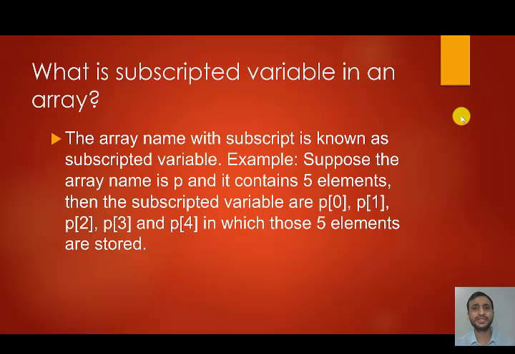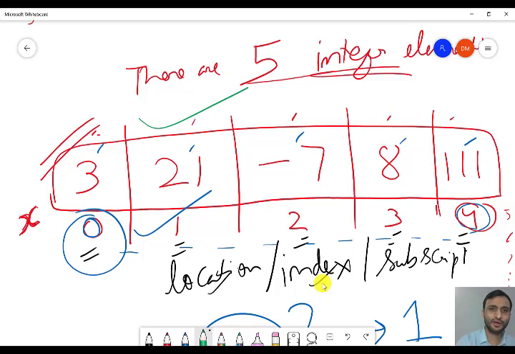What is a subscripted variable in an array? We've already discussed this example. This is an array X which contains 5 elements. Here 3 is present in location 0, 21 in location 1.